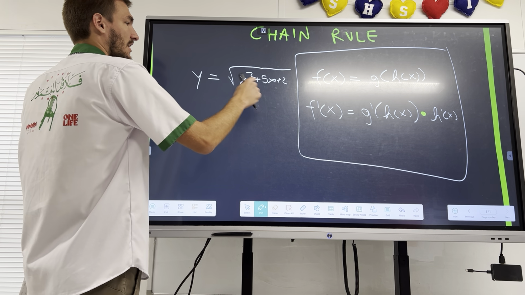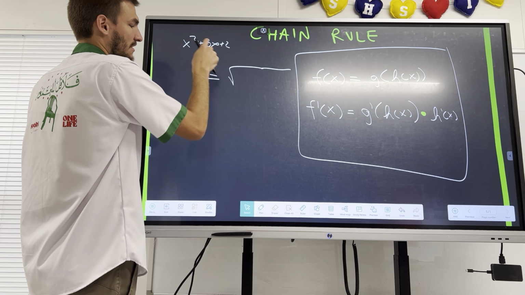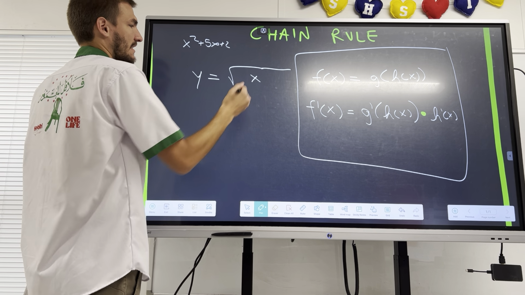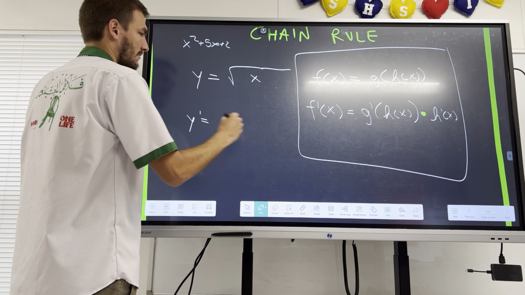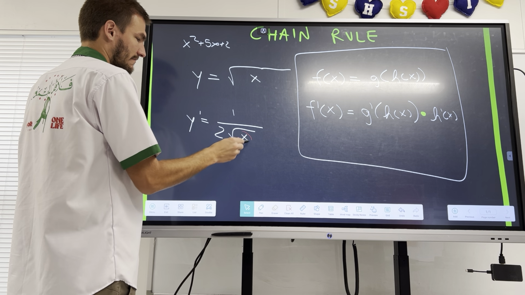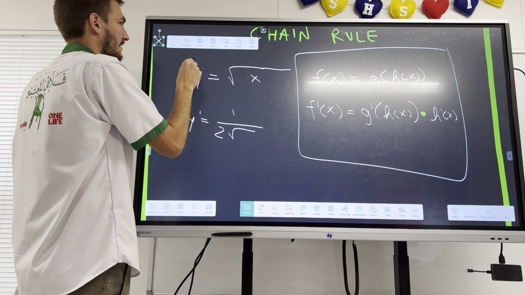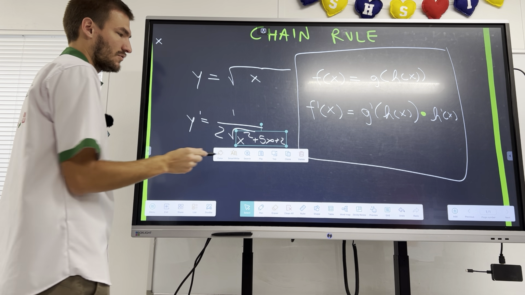Let's just assume that all of this in here is an x. So just like we did before, y prime is equal to 1 over 2 square root x. But it's not an x. It's actually all of this. So it goes right back in there.